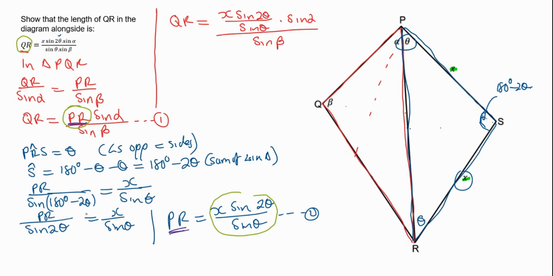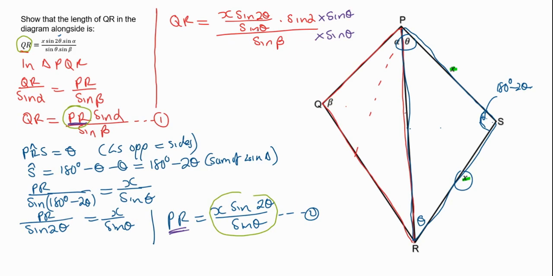Now we're almost there. It's just a matter of eliminating this sine theta and then introducing it also in the denominator there. How can we do that? We can use equivalent fractions. What you do to the denominator, you do to the numerator. So you can multiply the denominator by sine theta and multiply the numerator by sine theta.